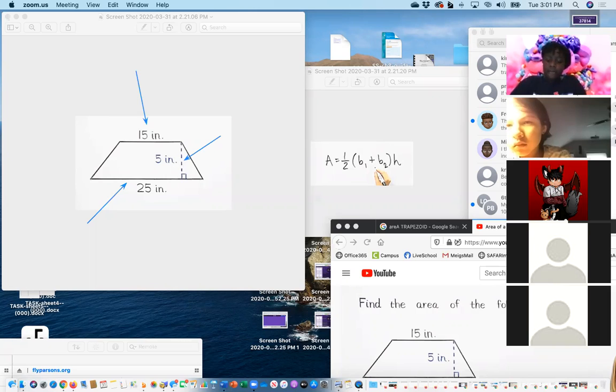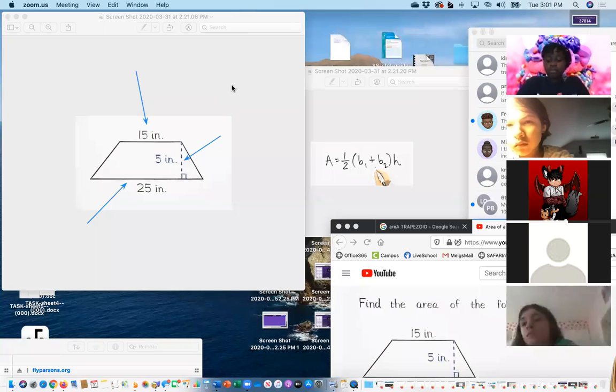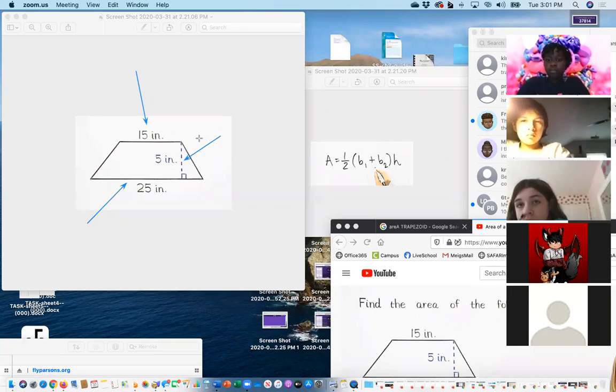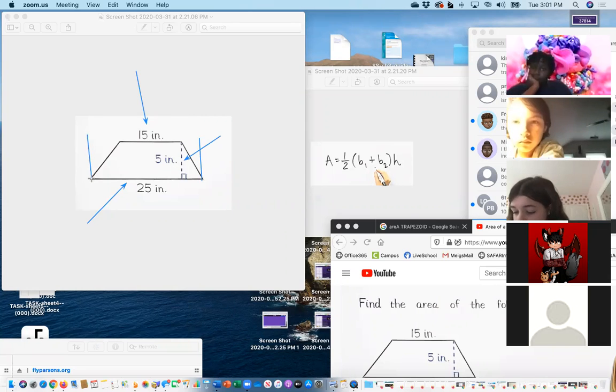So would you all agree that if I went 15 times 5, I would be literally saying this right here is the actual rectangle, right? So see if this is correct. That would be saying that this is the rectangle.